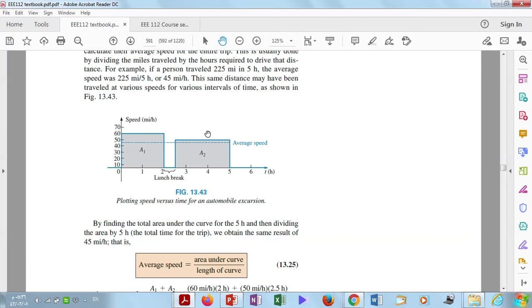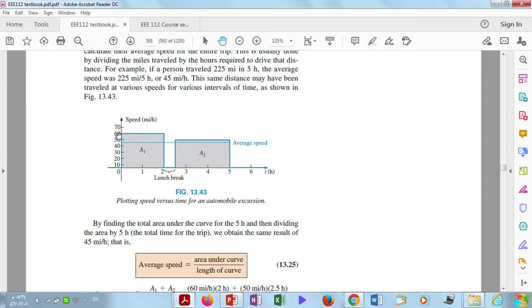Similarly here, we can apply a similar idea about the average. See this waveform, area 1, area 2. If you need to calculate the area, assume we went to Riyadh during 5 hours.